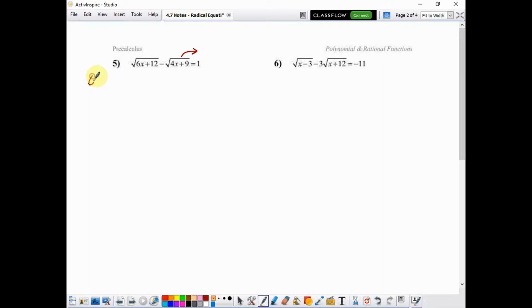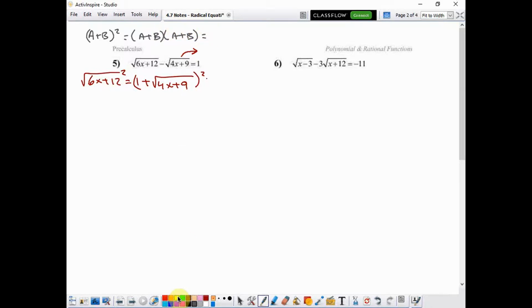So we get the square root of 6x plus 12 equals 1 plus the square root of 4x plus 9. And now we can square both sides. A reminder, when you square a binomial, like a plus b squared, that means a plus b times a plus b.